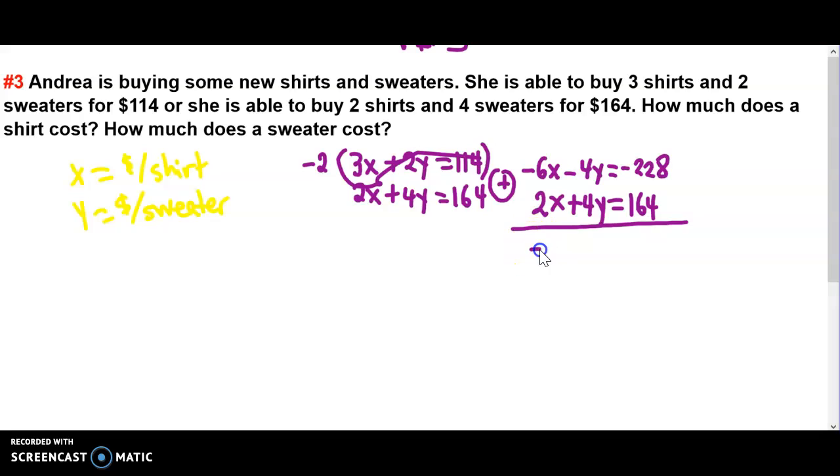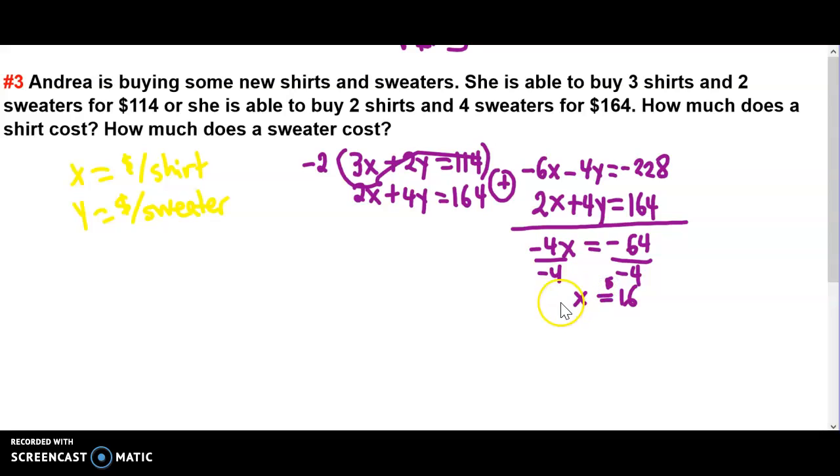If you add these two, you get negative 4x. I'm not going to put the 0 there. 228. What is that? Negative 64? That should give me, if I divide, and negative over negative is positive, and the division gives me a perfect integer, 16.